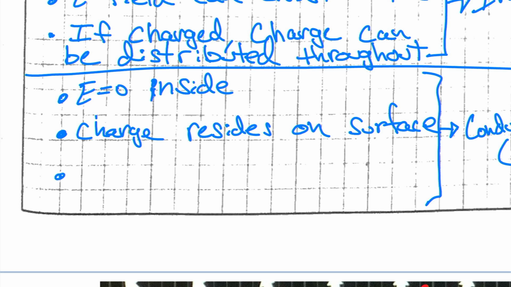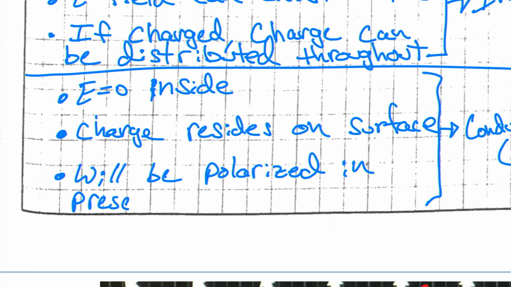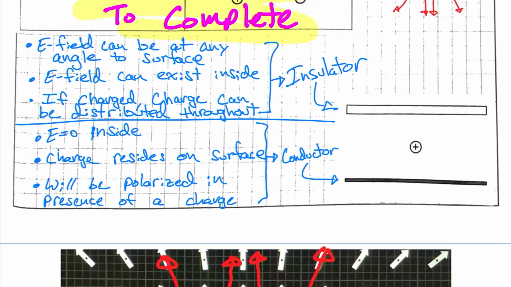And there is no net charge here when we're in equilibrium. And the conductor will be polarized in presence of a charge. All right, so because we have a charge in the middle here, it's definitely going to be polarized.